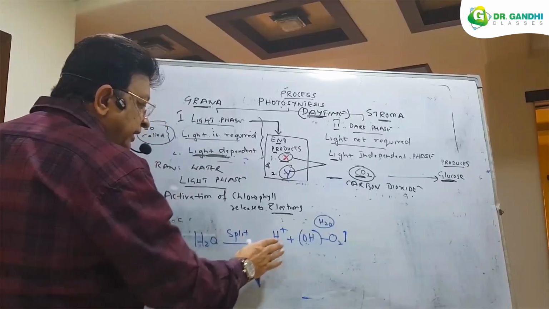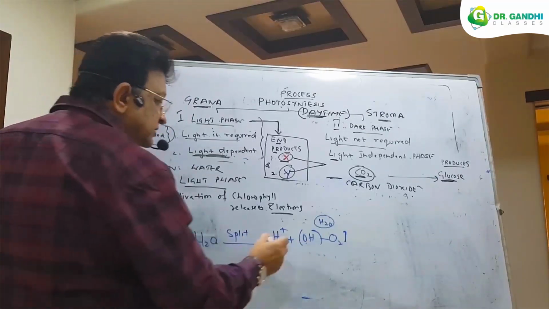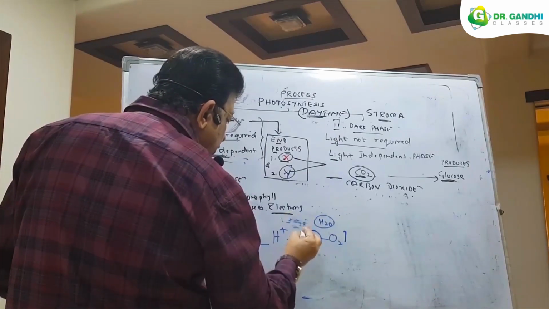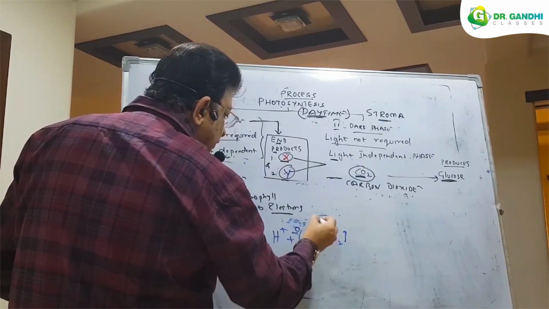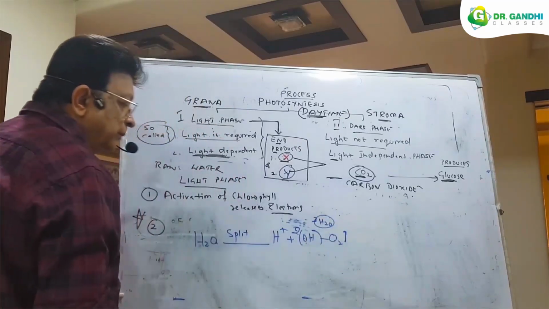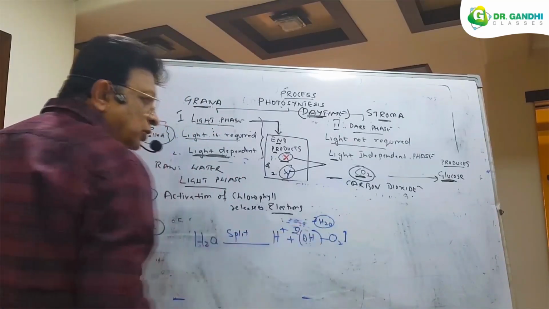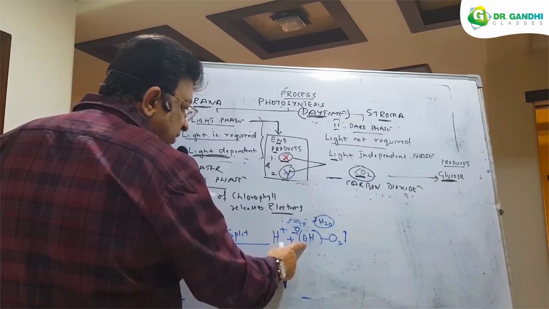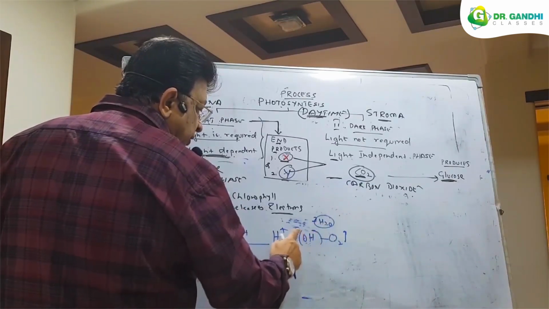So I can conveniently take away the hydroxyl ions because you can see here 2OH form 2H2O and O2. So now that is not going to remain. So if I split water, it gives hydrogen and hydroxyl ion, which becomes oxygen and water.